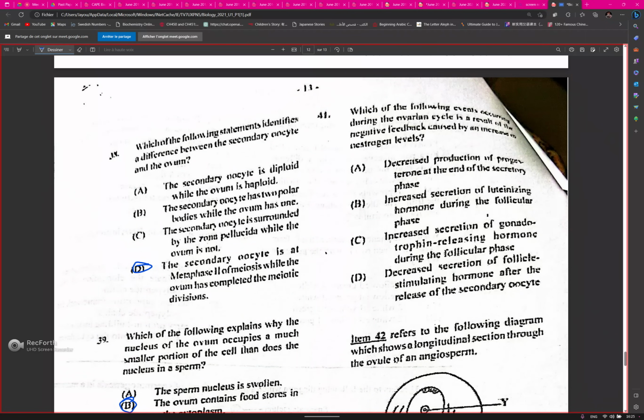Right. So, which of the following events occurring during the ovarian cycle is a result of the negative feedback ensued by an increase in estrogen levels? What's the answer?